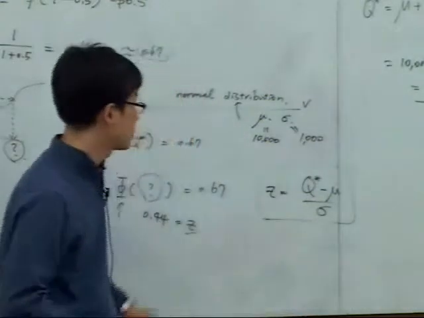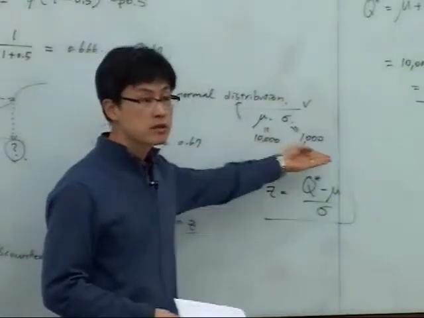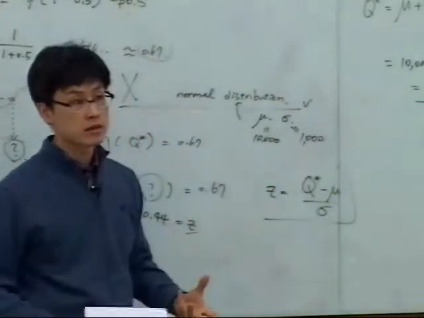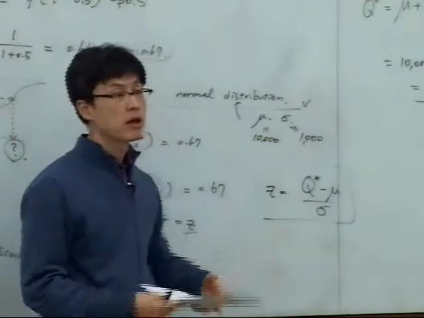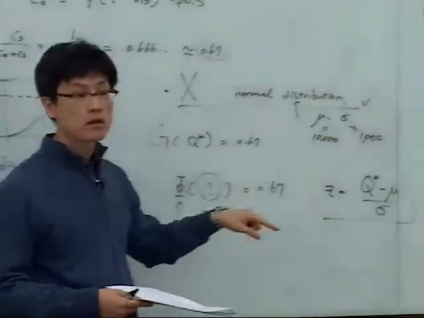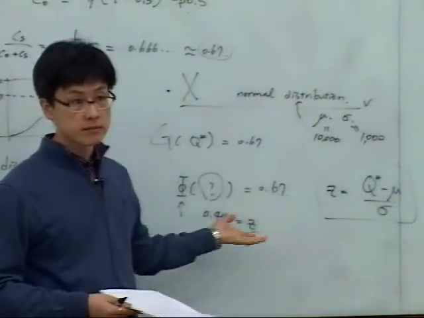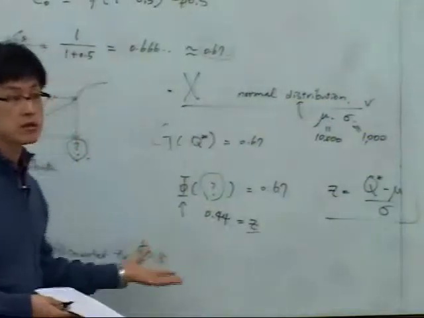Okay? So whatever the values of mu and sigma are, we can normalize with this transformation, and we can read the exact value at the normalized normal distribution CDF table. It's just mathematics.